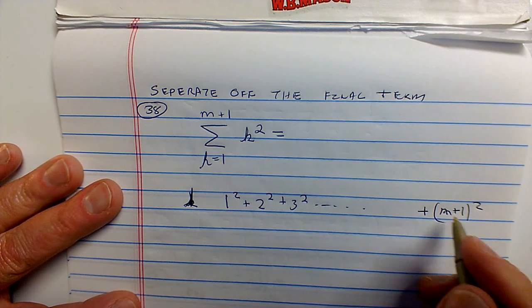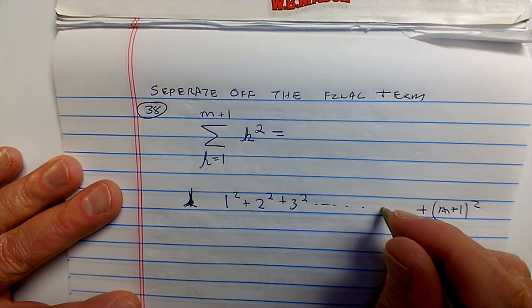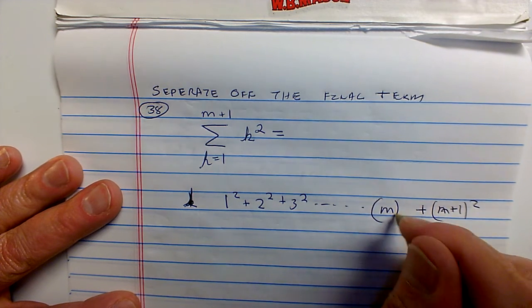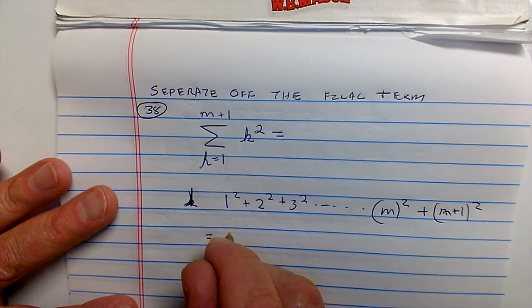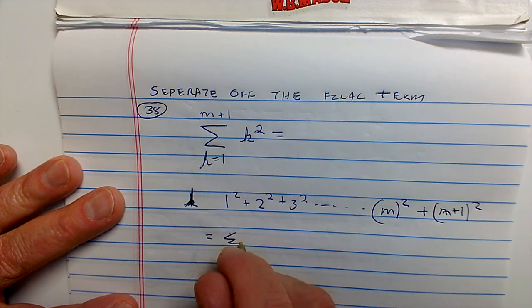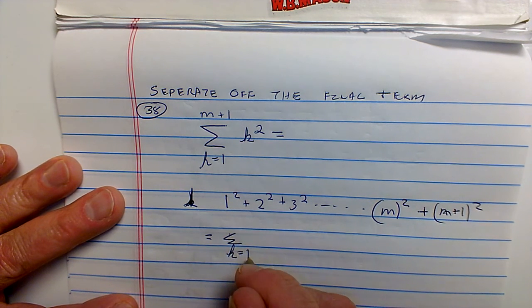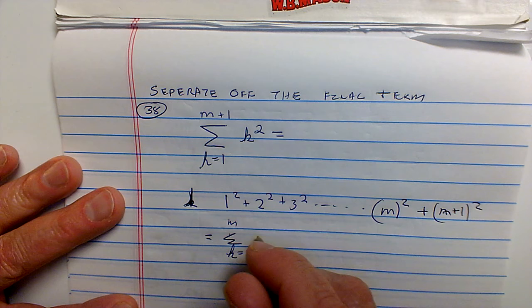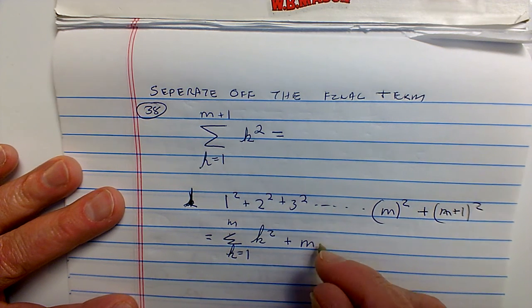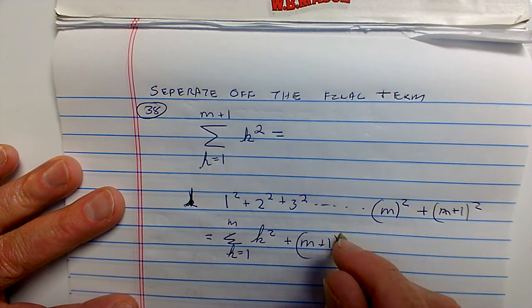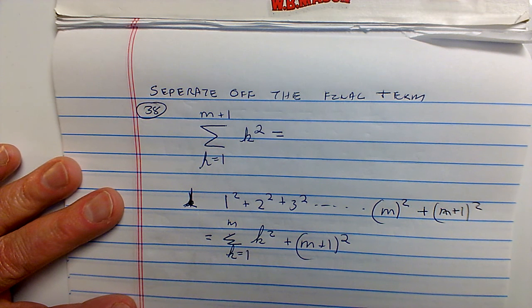Now if you think about it, the term that's before that is going to be m squared. So we could rewrite this as being the sum from when k goes from 1 to m of the k squareds plus the last term. That kind of process will be very helpful in solving some of our future problems.